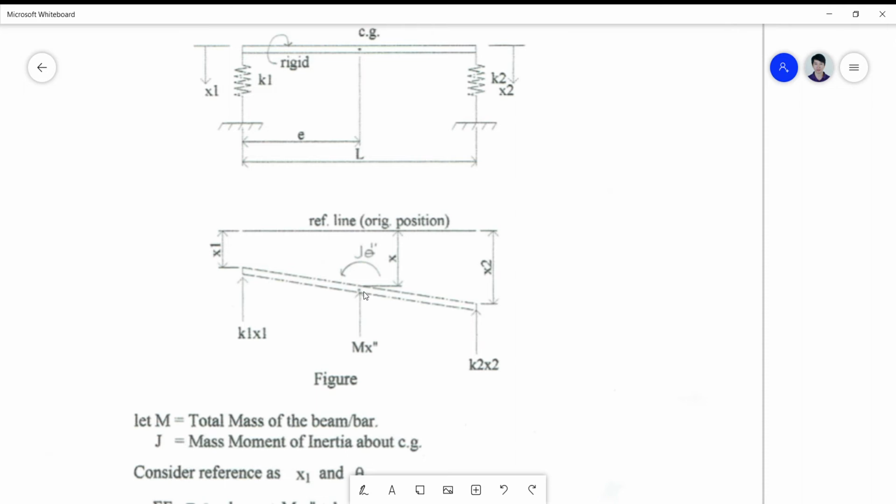So the inertia force brought about by the mass is actually composed of the translational and the rotational part, which I already explained to you in the SDOF solution.